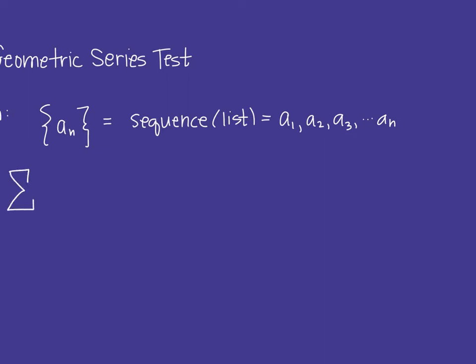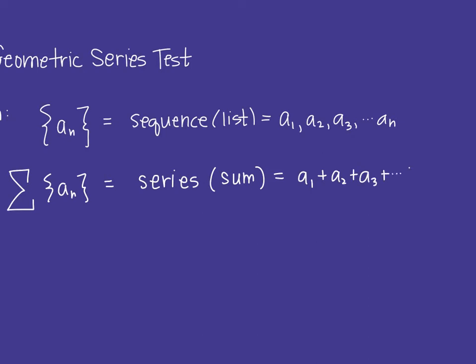When you throw sigma in front of that, that becomes what's called a series. A series is a sum. And so the difference is now you're in a1 plus a2 plus a3 plus dot dot dot, plus to the end.